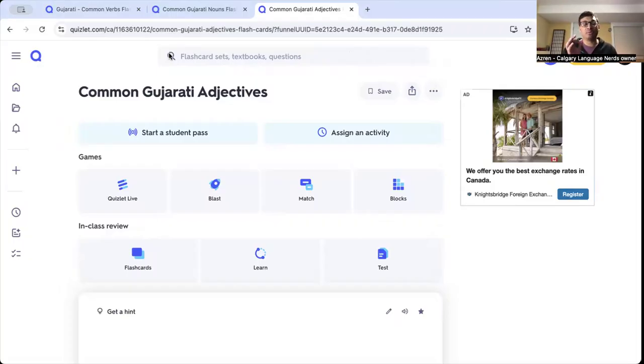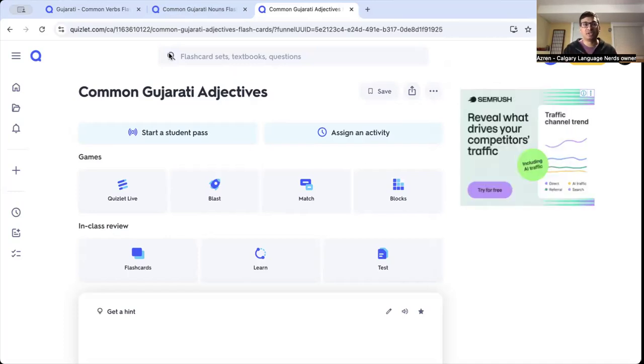Now, in order to really learn vocabulary and actually memorize vocabulary, the most important thing to do is plenty of listening and reading practice. That's actually the answer. If you want to genuinely increase your vocabulary, it's about lots of listening, lots of reading. No ifs, ands, or buts about it.